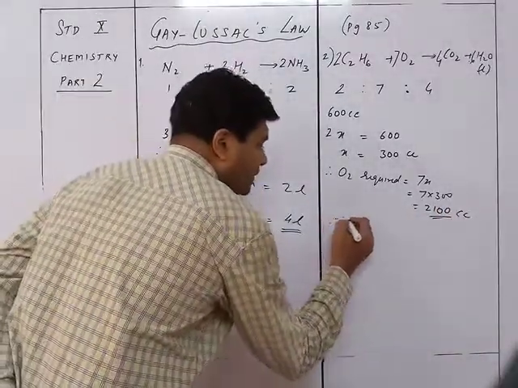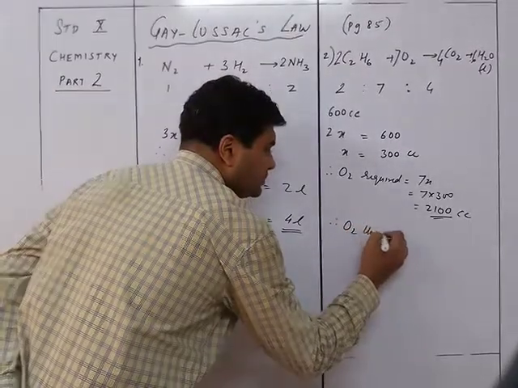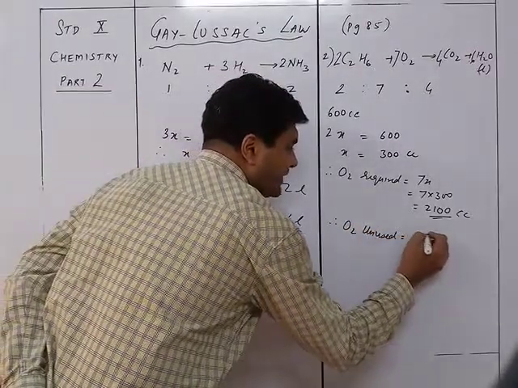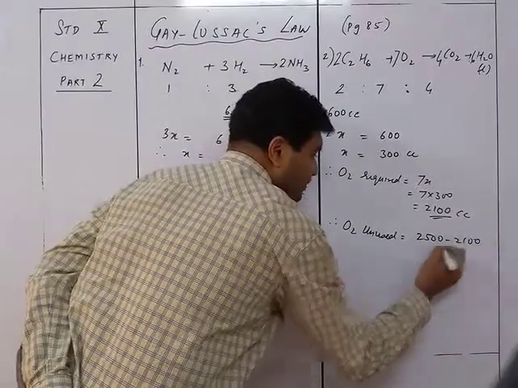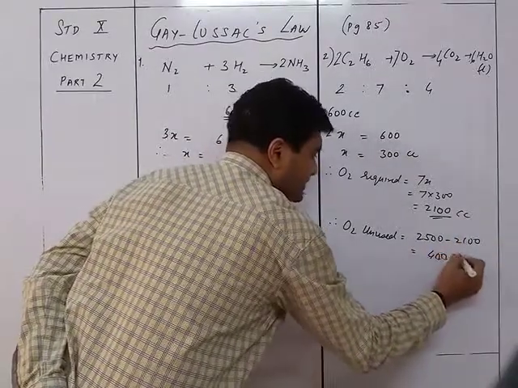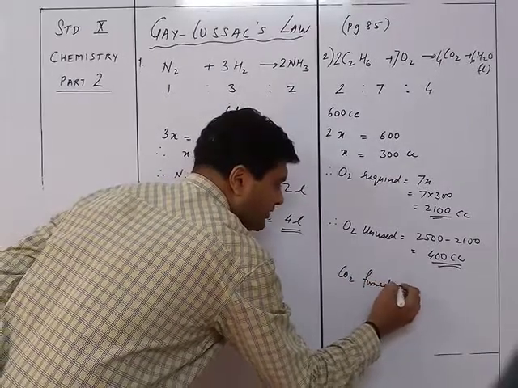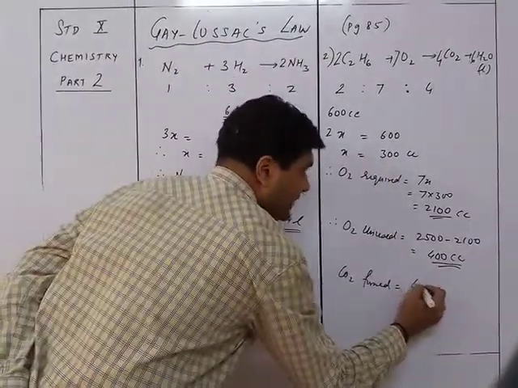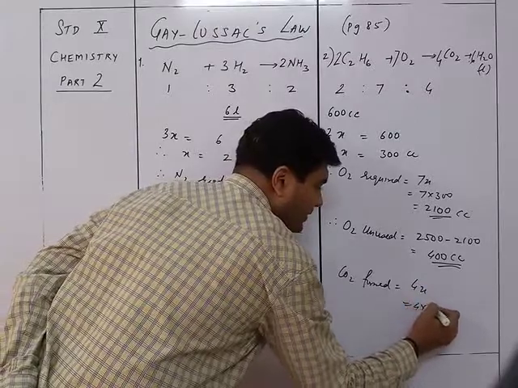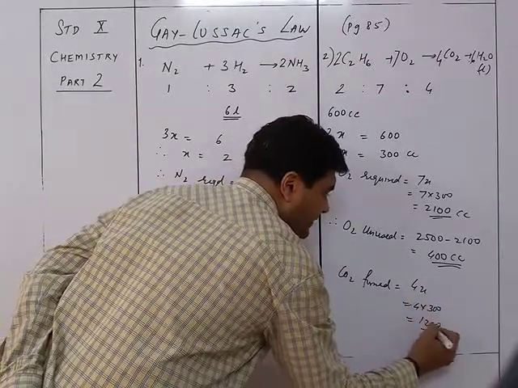And therefore O2 unused is 2500 minus 2100, equal to 400 cc. CO2 formed is 4x, which is 4 into 300, equal to 1200 cc.